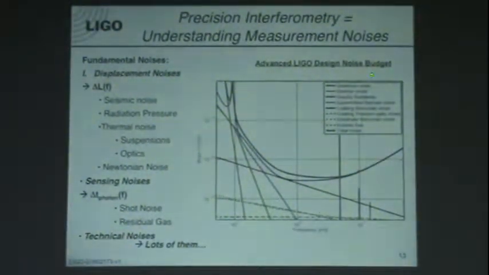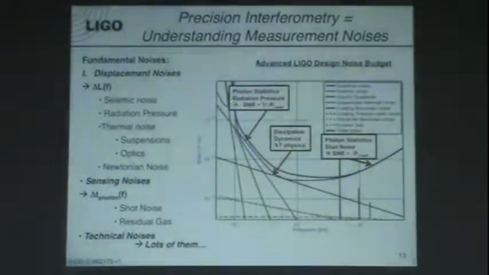And then you see all of the noises that are up here, and they all correlate to one of these things. The big ones that we have to worry about are radiation pressure, and there the signal to noise goes as 1 over the square root of the power. In other words, if I turn down the power, I turn down the number of photons that are hitting the mirrors, and therefore I turn down the random jockeying of the mirrors.